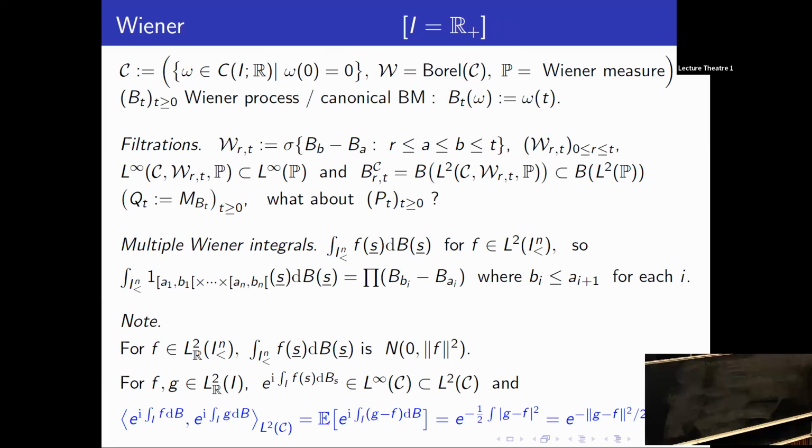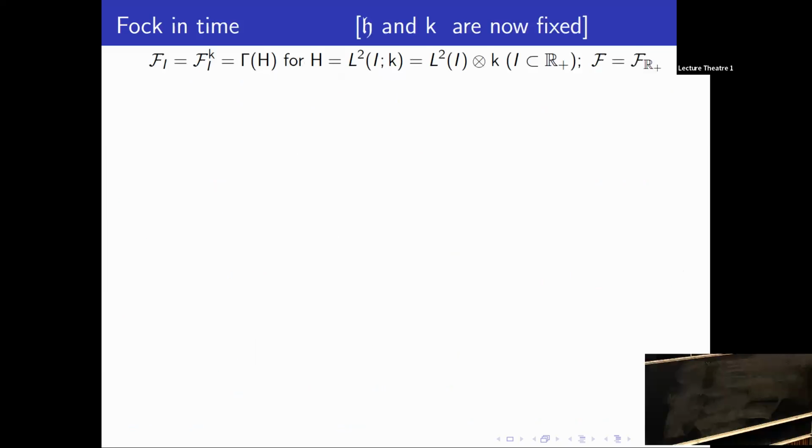So now we can take Fock space over H, where H is the square integrable functions on the positive half line with values in a multiplicity space, which could be C, one-dimensional. That's set up here.